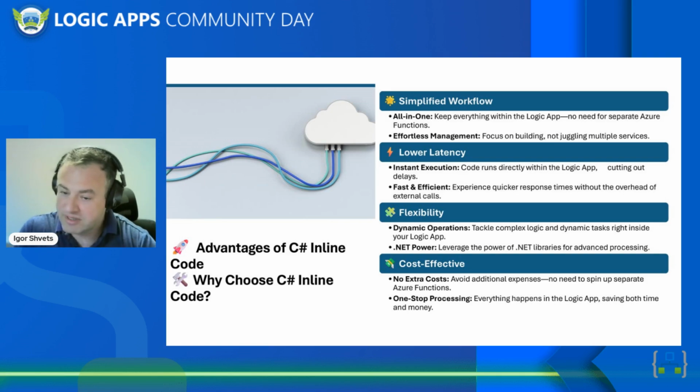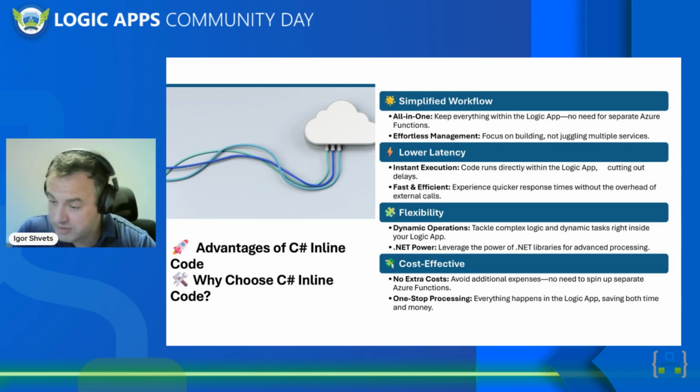You can have different teams responsible for the Azure Function, right? So the advantage is you can handle more simple scenarios within your Logic Apps. Lower latency, so instant execution: run code directly within Logic Apps, cutting out delays. It's fast and efficient; experience much quicker response time without the overhead of external calls.